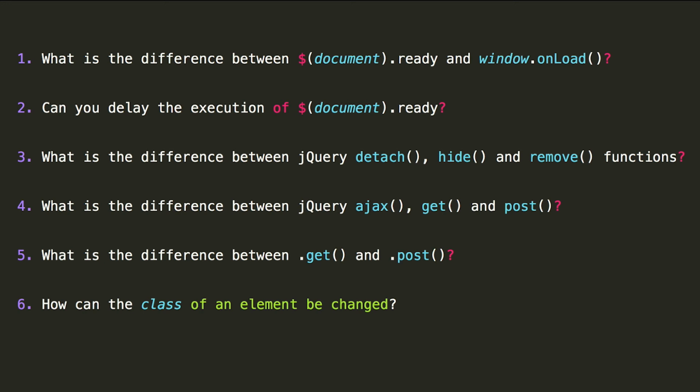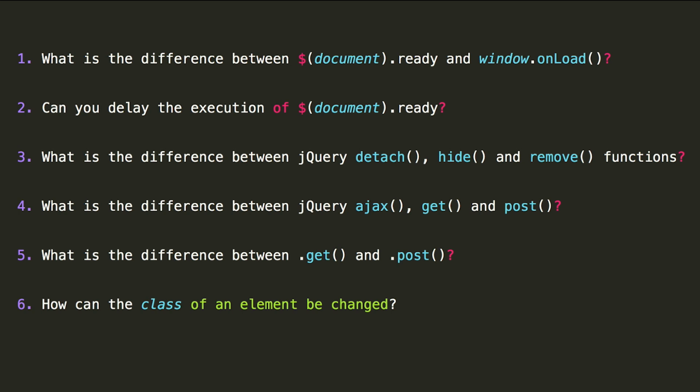The .post uses name-value pairs submitted in the body that is being sent, and it's part of the HTTP request, and it cannot be seen in the browser bar, so it has a little bit more anonymity to it. So that's the main difference between .get and .post.